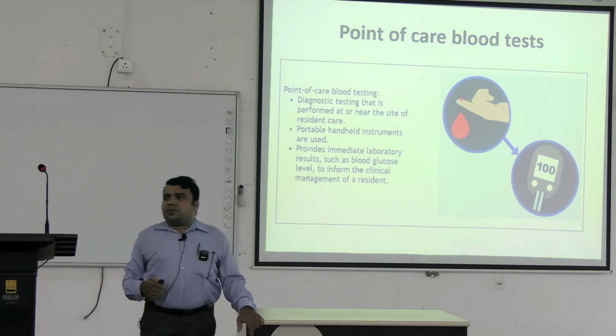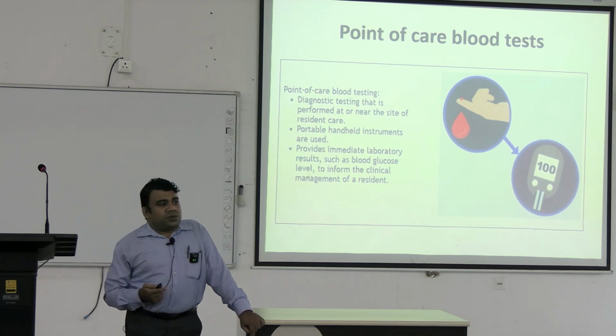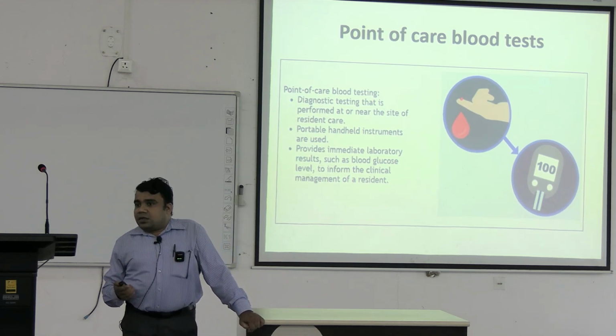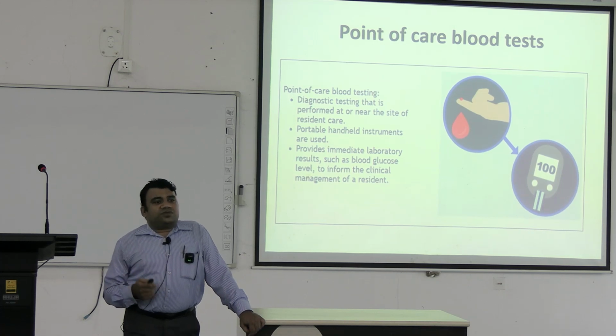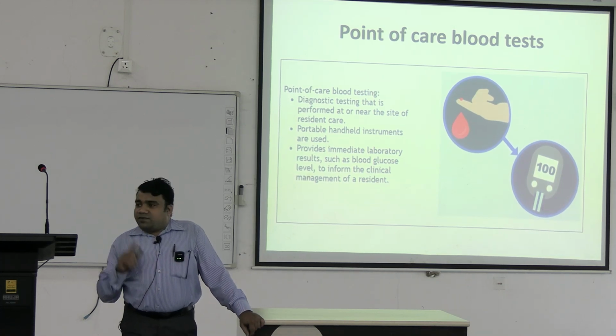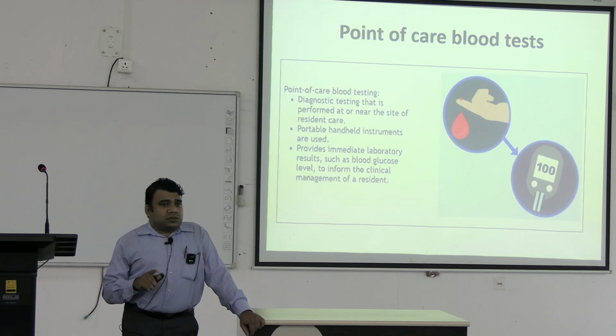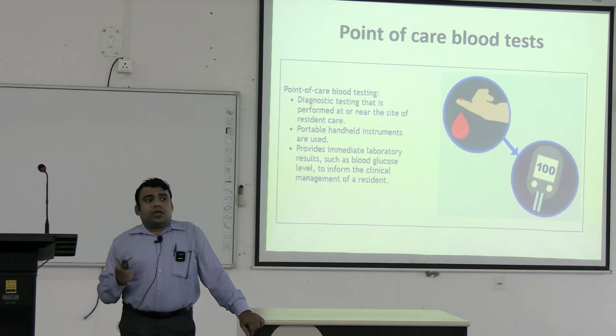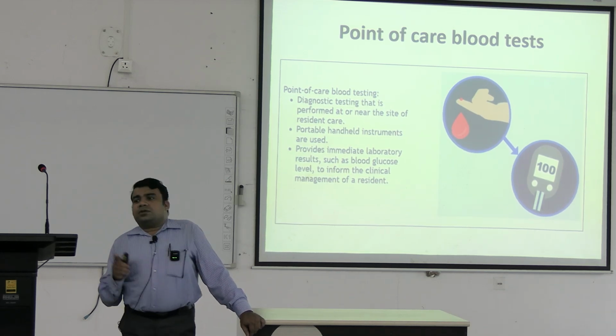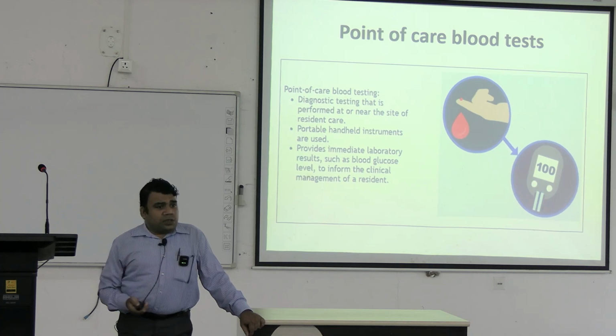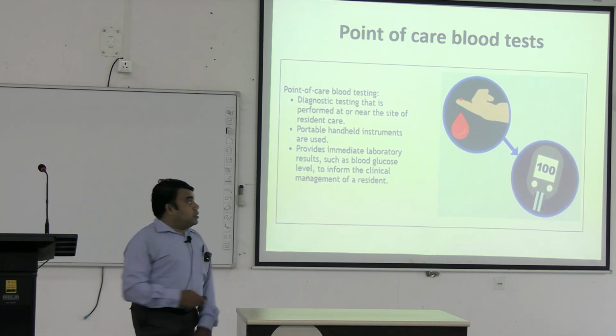Sometimes that is not economically possible, so a single glucometer is used for many patients. That can also be a source of transmission of infection. So, every time you use this sort of instrument on a patient, you must disinfect that instrument before using it for the next patient. Okay.